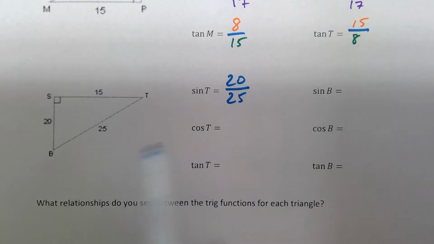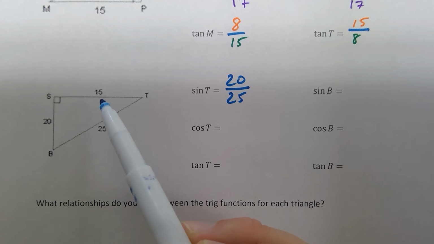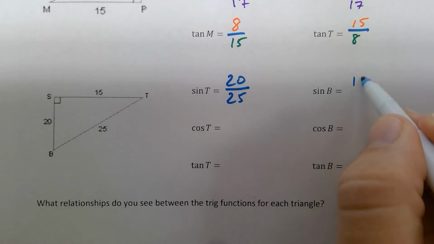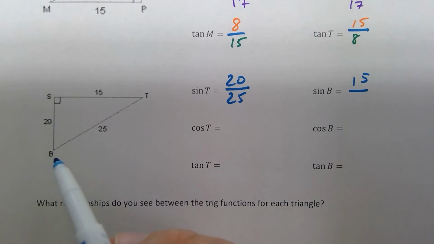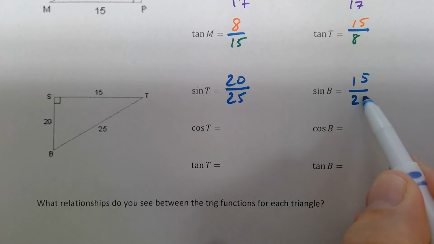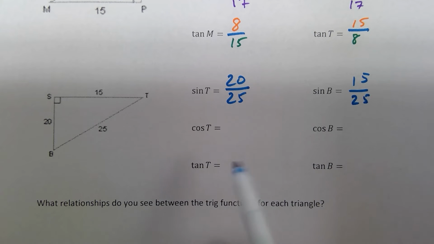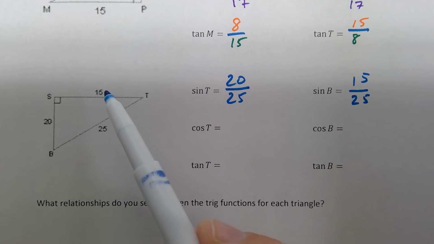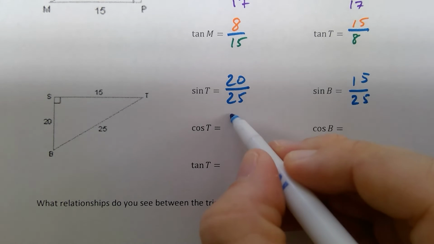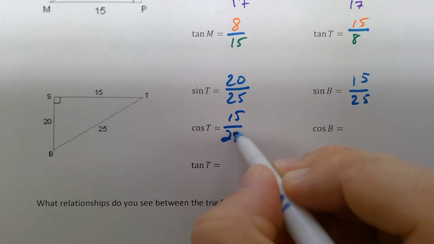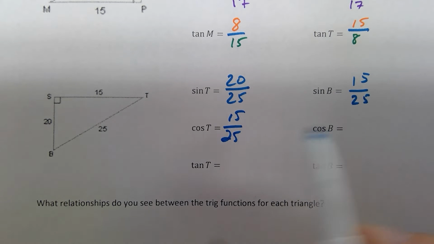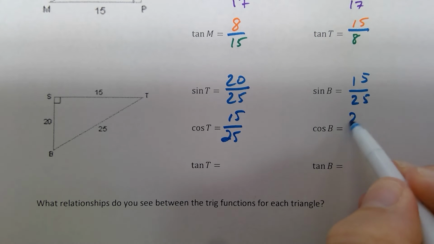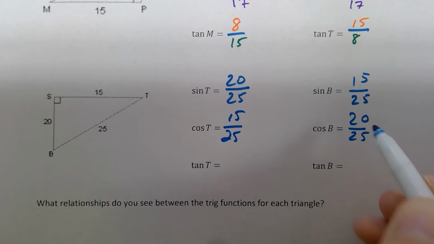For sine of B, here's B down here, opposite is 15, hypotenuse is 25. Let's go down to the cosine. So cosine of T is my adjacent side, which is 15. Hypotenuse is still 25. Cosine of B, there's B, my adjacent side is 20, my hypotenuse is 25.